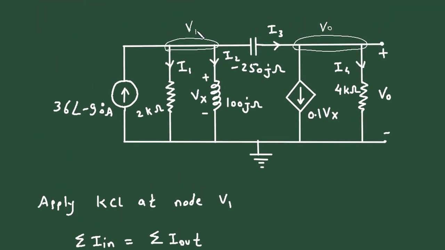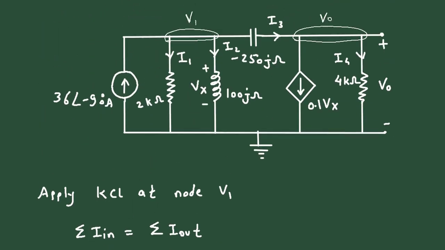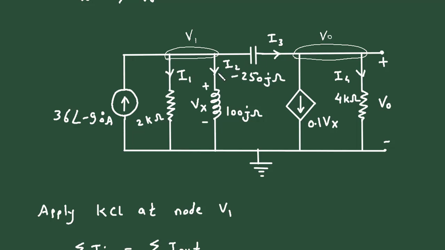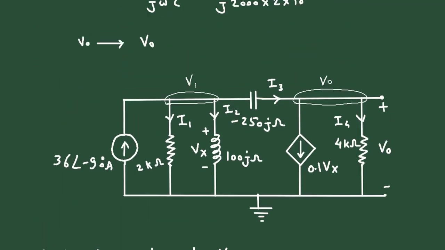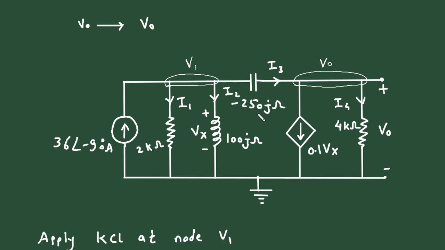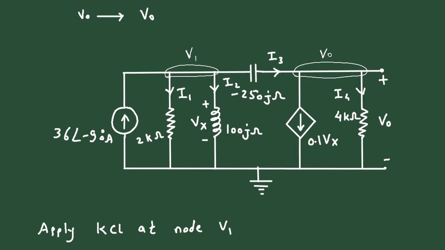Now this I2 is V1 minus 0 divided by 100j, plus I3. So I3 is V1 minus VO divided by minus 250j.